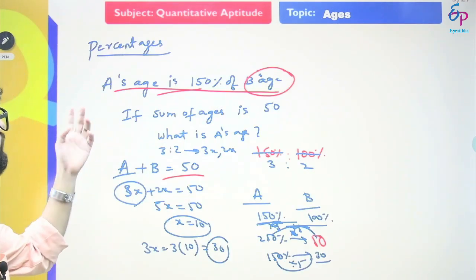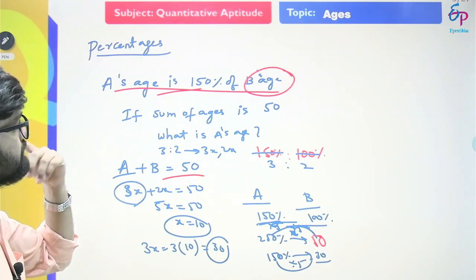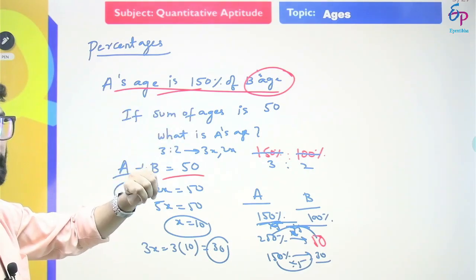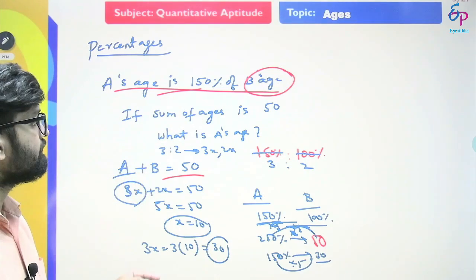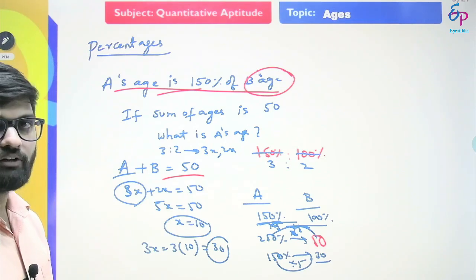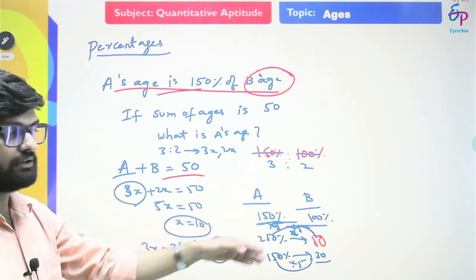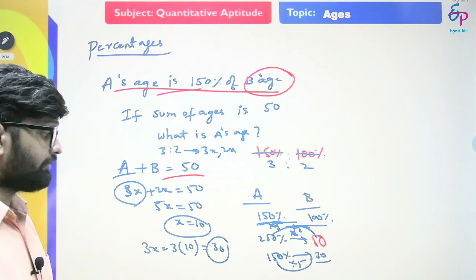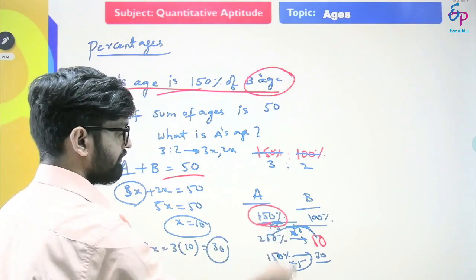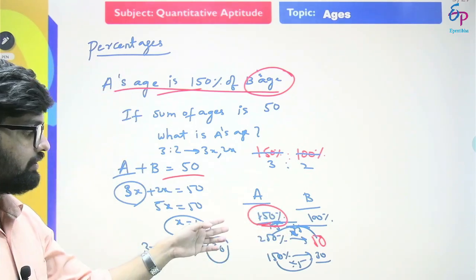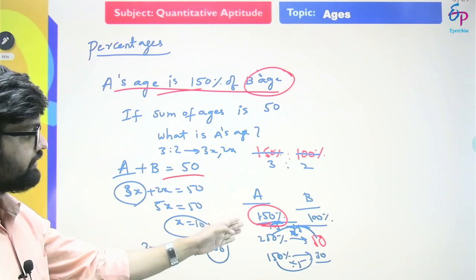If I have given you percentage ages, means A's age is 150% of B's age, means A's age will be 1.5 times. Or else you can take B value as 100%, means A's age will be 50% more, or 150%. 150% means exactly 150%. Ratio you can find out, this is 3:2.